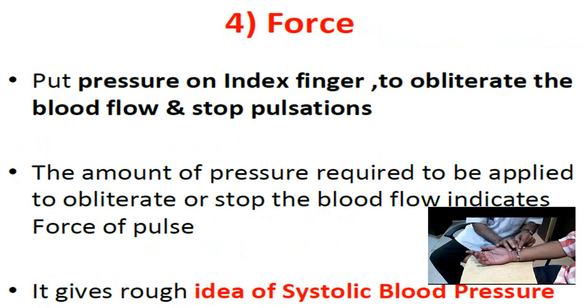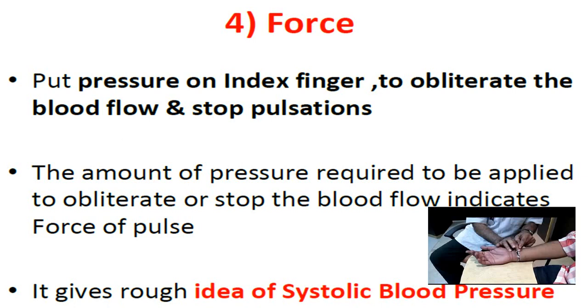What do you mean by force? It is the amount of pressure required by the index finger to obliterate the blood flow and to stop the pulsation. If the force required is more, systolic blood pressure is more. If the force required to stop the blood flow and pulsation is less, it is low systolic blood pressure.